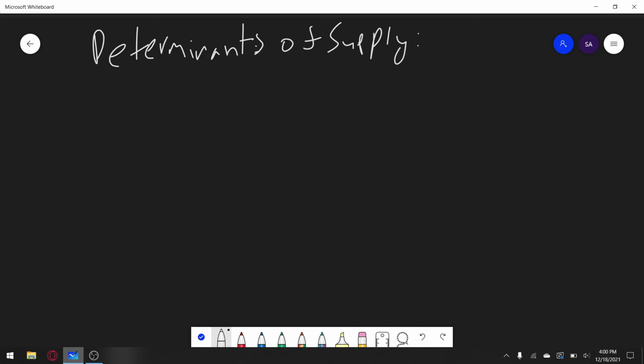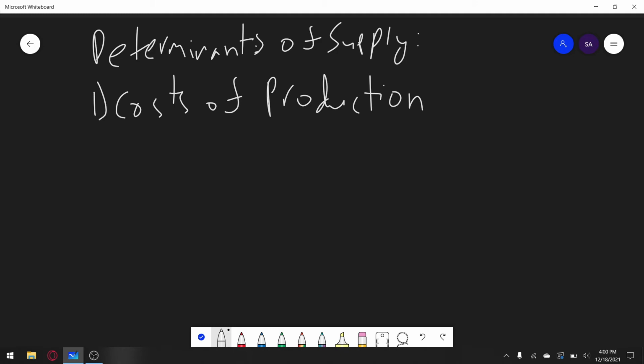Number one, costs of production. If the price of raw materials and the cost of other factors of production fall, then the supply curve will shift to the right, assuming all other things remain unchanged. There's an increase in supply at each price level as the costs of production fall and vice versa.